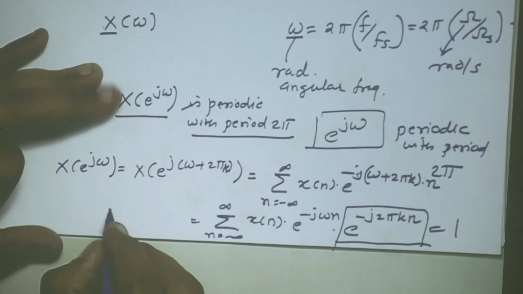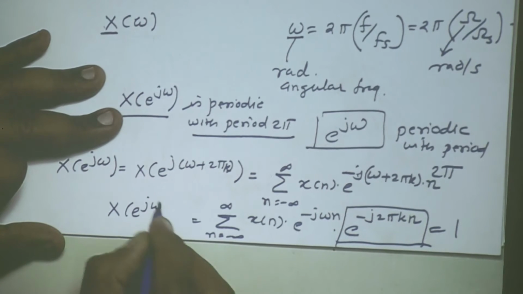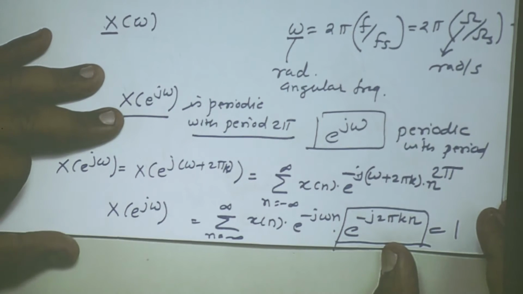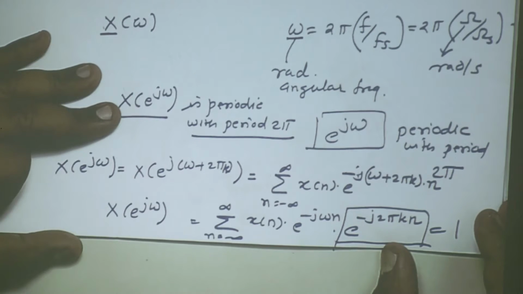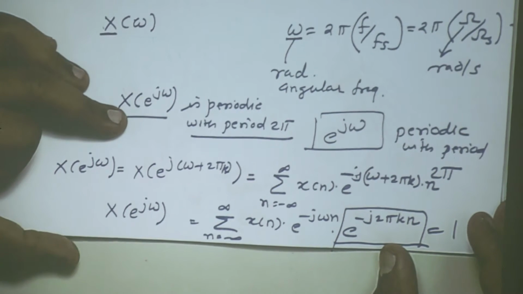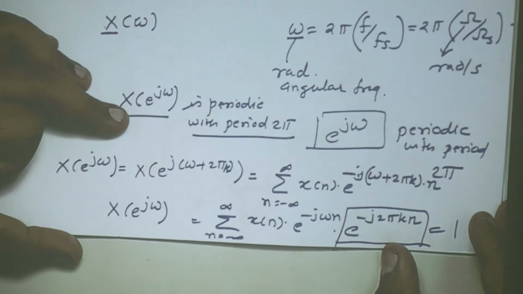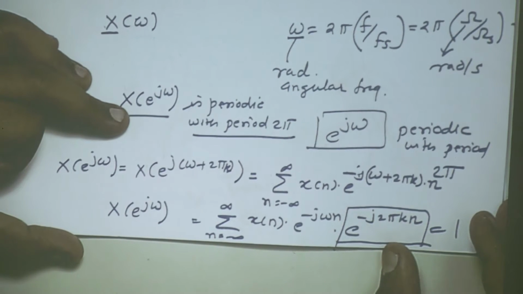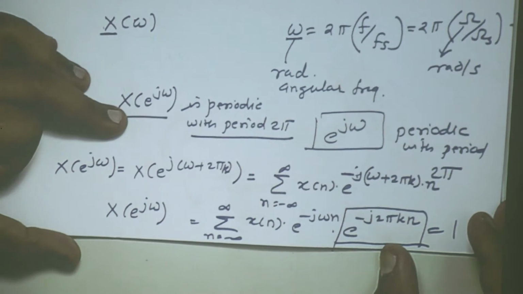This means this is the same as X of e to the power j omega. So a very important characteristic of the DTFT is that it is periodic with period 2 pi.